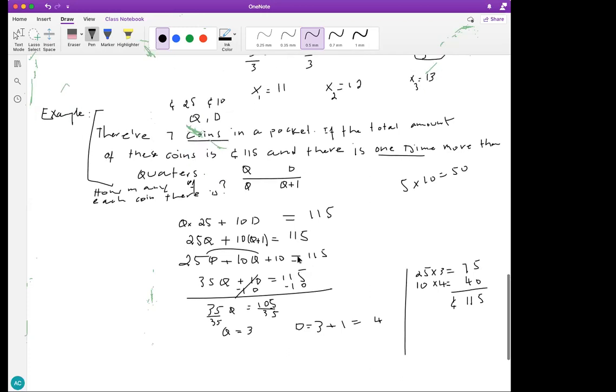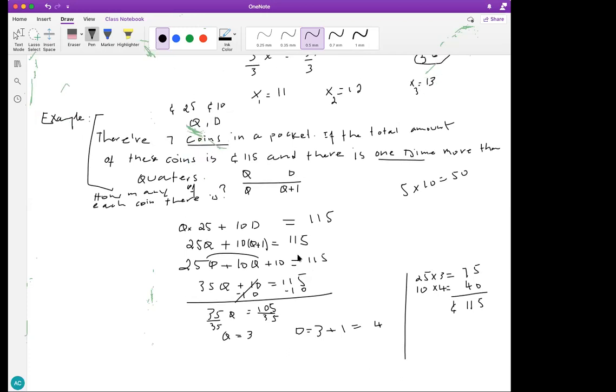That's basically another application of linear equations. Sometimes the problems can be a lot more complex, a lot more challenging, but equations can make them a lot easier. So instead of guessing the numbers here and trying different combinations, it may take you a while and you may never get the answer.